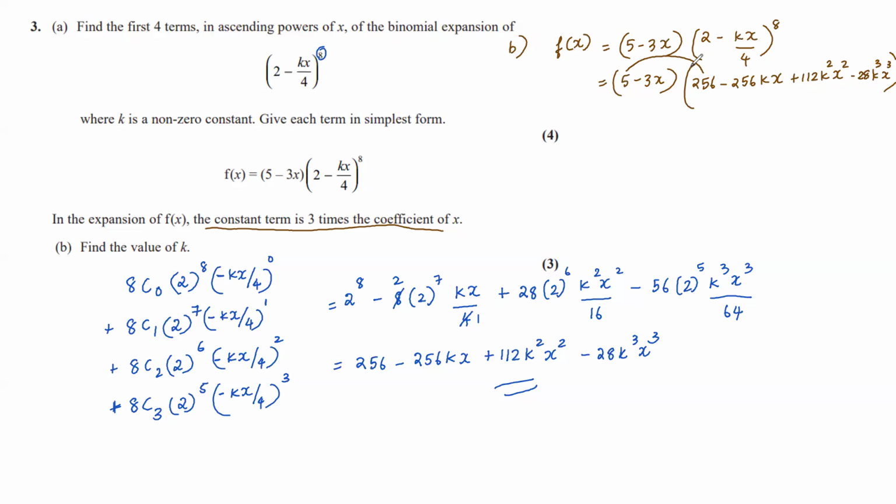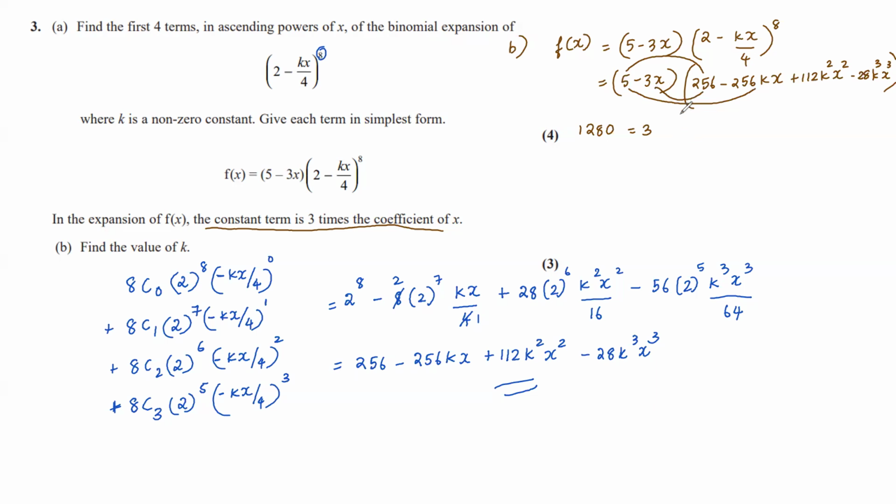5 multiplied by 256 is 1280, which is equal to 3 times the coefficient of x. So what are the two possibilities that we will be getting for the coefficient of x? When this 5 gets multiplied with minus 256kx, that will give us a coefficient of x. And this minus 3x, if you multiply it with 256, that will also give us the coefficient of x.